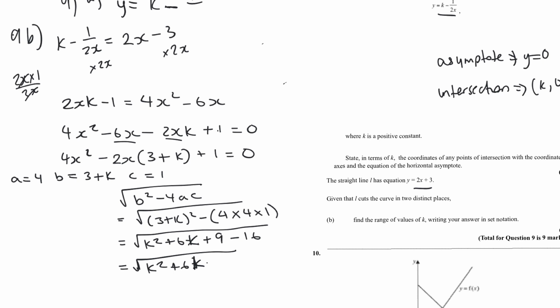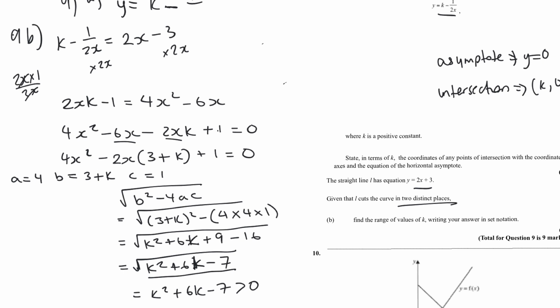So 9 minus 16 is minus 7. So now we have that, and we know that this is what our discriminant is. We therefore know that that part, the k squared plus 6k minus 7, because we have two distinct roots, is going to be greater than 0.